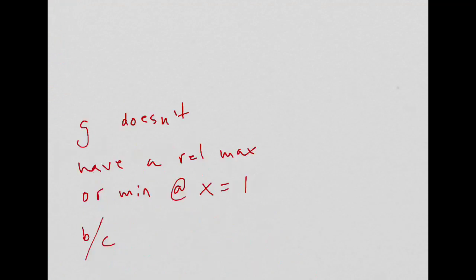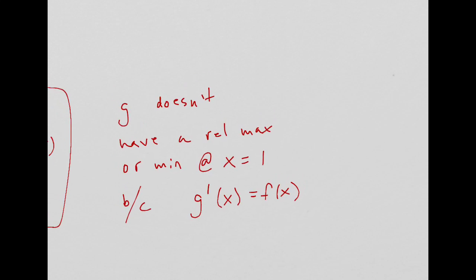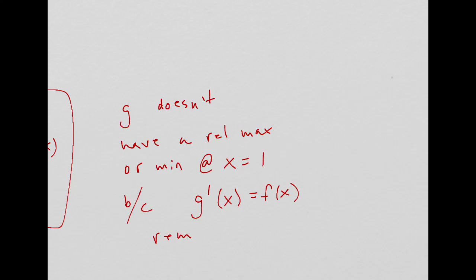You can't just say we're negative. You have to tell what is negative. So G doesn't have a relative max or min at x equals 1 because G prime of x, the derivative, the slope, which equals f of x, remained negative before and after 1. So there you go.